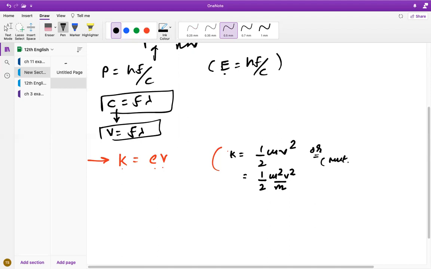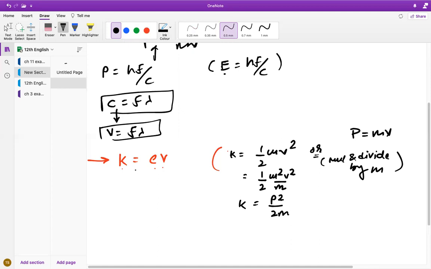I'm putting that multiplied and divided by mass m. So we know that p equals the mass into velocity. So my kinetic energy K equals P square divided by 2m.